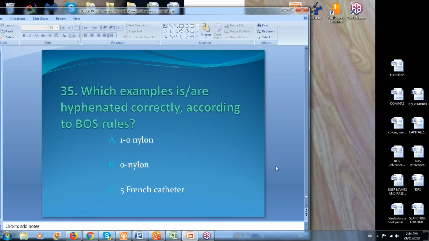35. I believe this is the last one, people. Which examples is or are hyphenated correctly according to Book of Style rules? A, 1-0 nylon, B, 0-nylon, C, 5 French catheter.